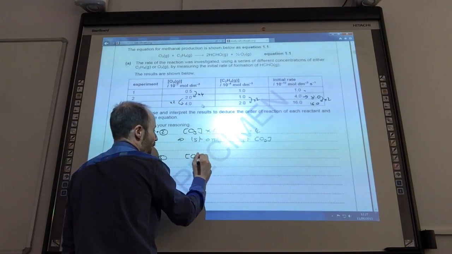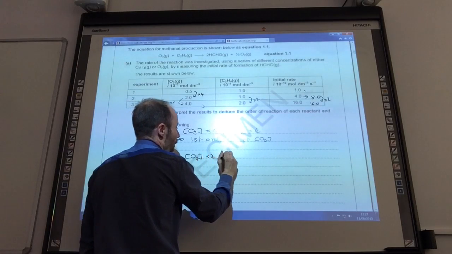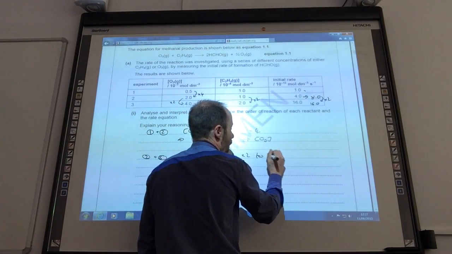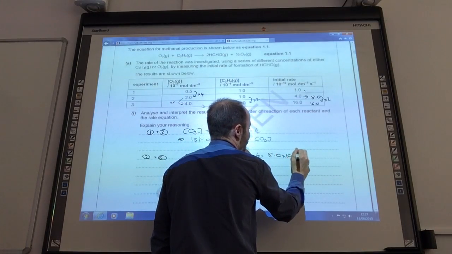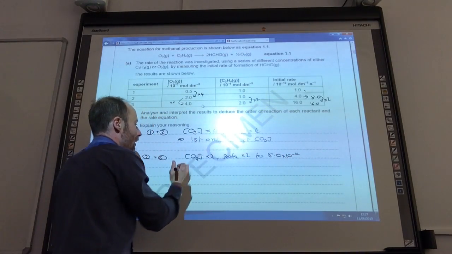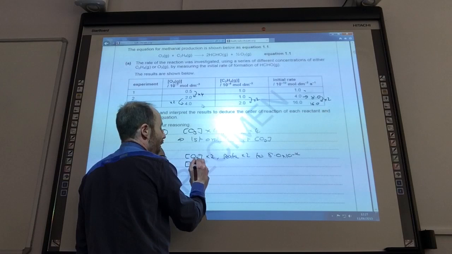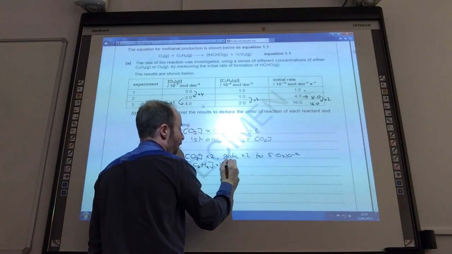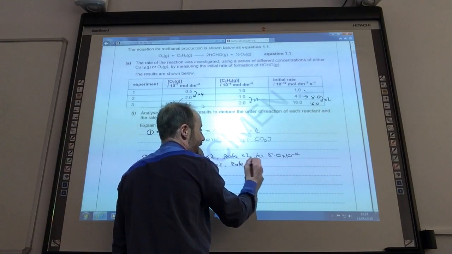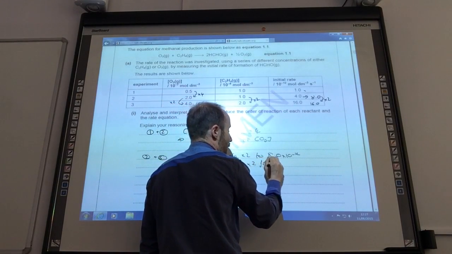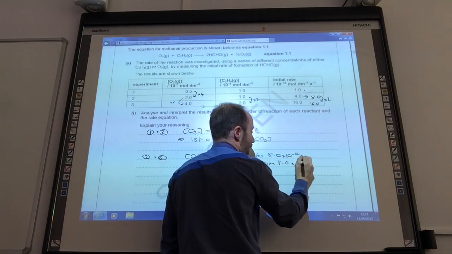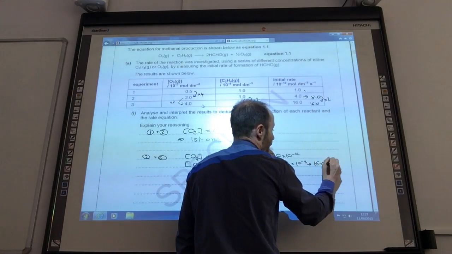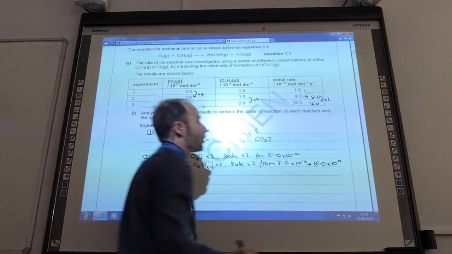So from experiments 1 and 2, if ozone is times by 2, the rate would also be times by 2 to 8.0 times 10 to the minus 12. If I now multiply the concentration of ethene by 2, the rate is times by 2 from 8.0 times 10 to the minus 12 to 16.0 times 10 to the minus 12.